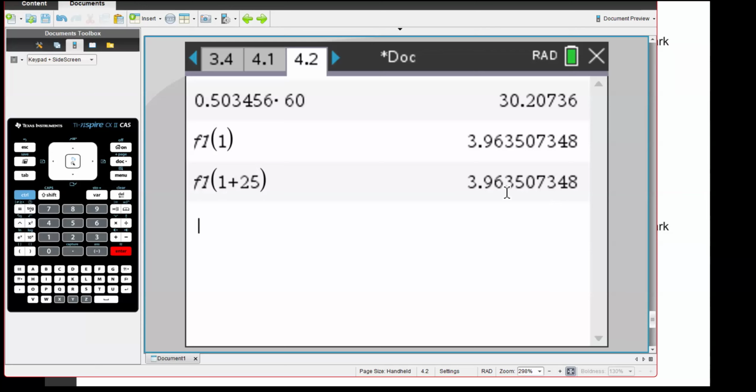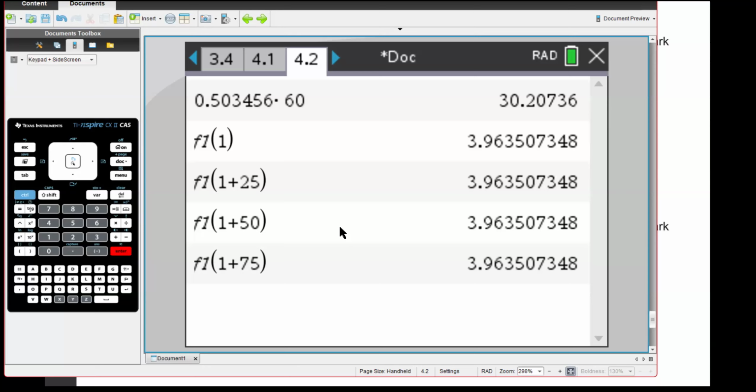Okay, and f1 of 1 plus 50. That is that. And f1 of 1 plus 75. Well, let me try. Is f1 of t plus 25 equal to f1 of t?